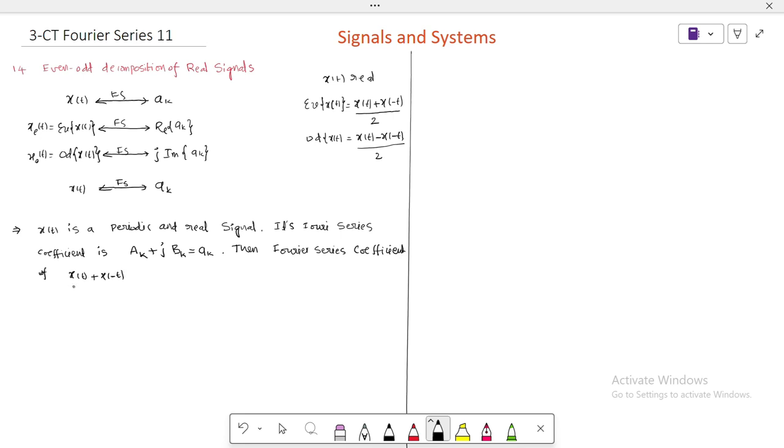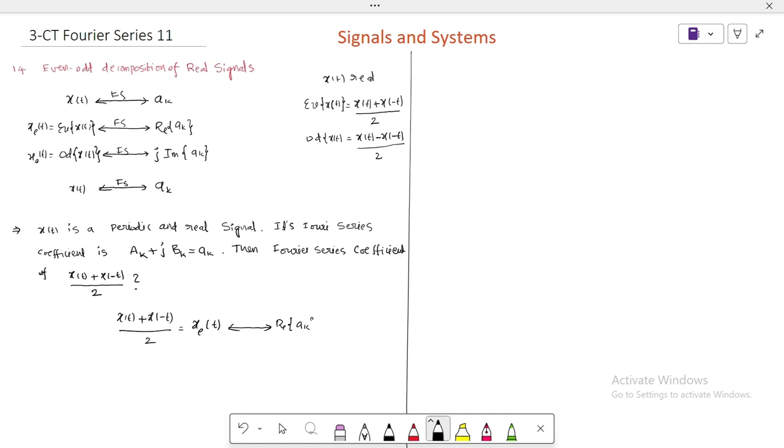So its Fourier series coefficient equals the real part of ak. Here ak equals capital AK plus j into BK, so the real part of ak equals AK. So this is a simple question.